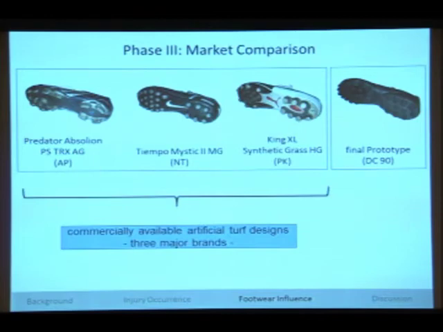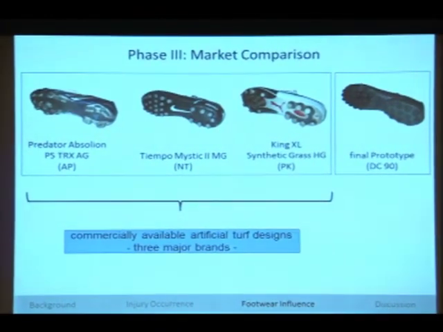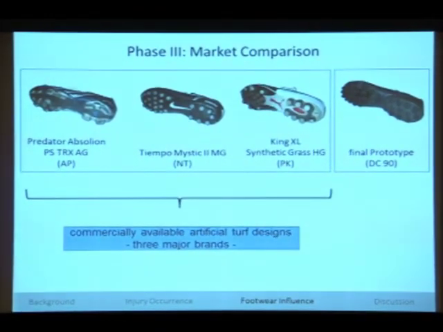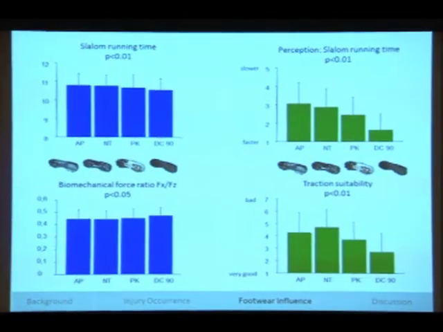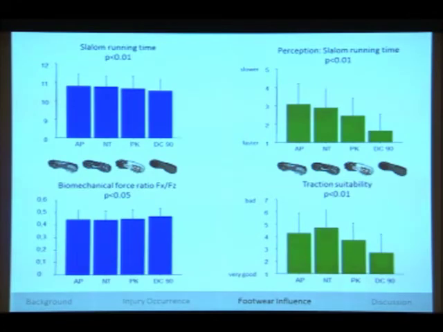So we included the current Puma shoe model to challenge our own product, but also Adidas and Nike, commercially available, 3 major brands. And what we see here is that the innovative design was still faster, was perceived better, and here what you can see, even though not highly significant, it allowed players to have a better push-off, a better biomechanical force ratio.